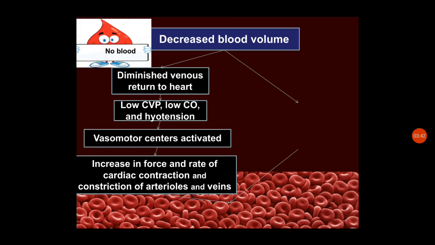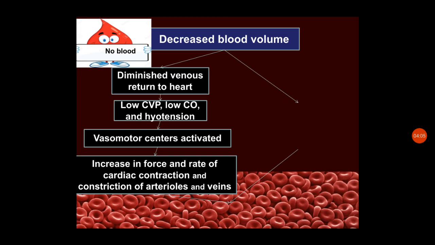That is what we have discussed as the intrinsic mechanism: myocardial and intravascular intrinsic mechanisms are initiated as a result of vasomotor center activation.